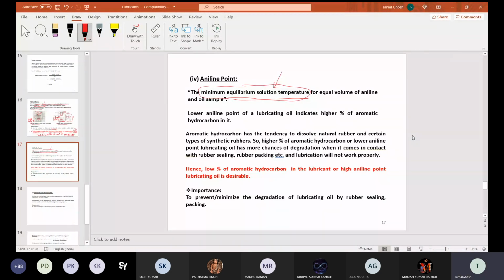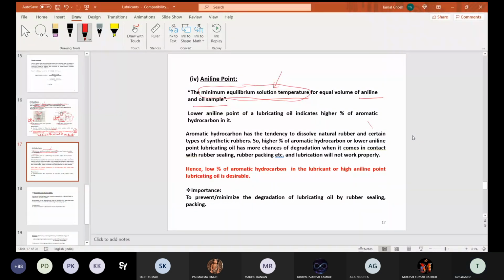The minimum temperature at which they will make a single phase, that is called, in terms of phase equilibrium, the equilibrium solution temperature. So the minimum equilibrium solution temperature for equal volume of aniline and oil, that is called the aniline point.